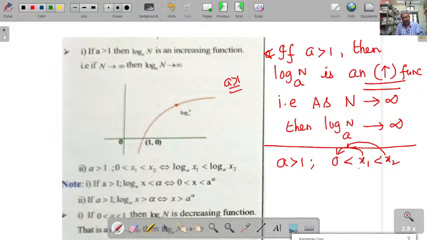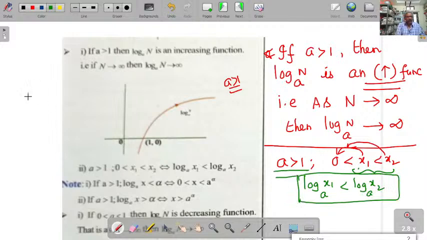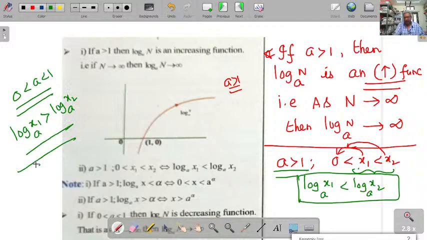That means log x1 to the base a less than log x2 to the base a. You remember this when a greater than 1. For 0 less than a less than 1, the symbol reverses. So you need to write log x1 to the base a greater than log x2 to the base a. This you need to remember.